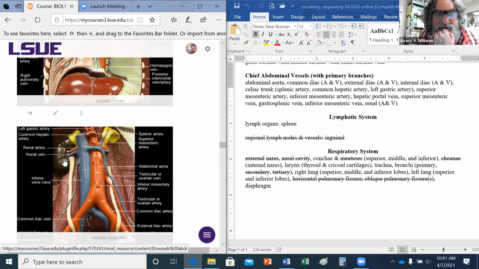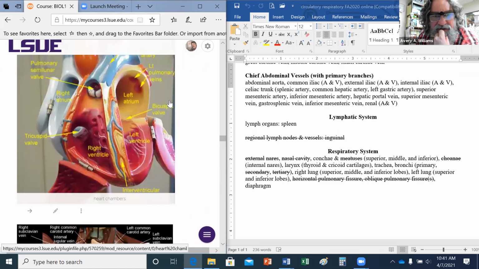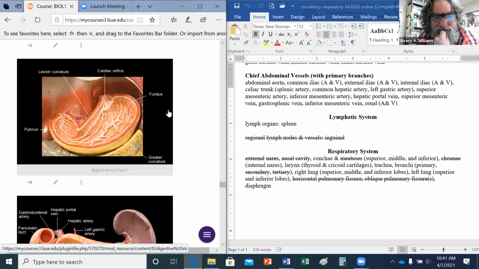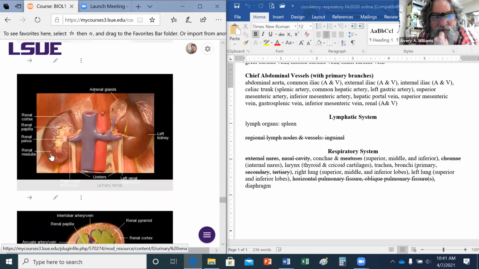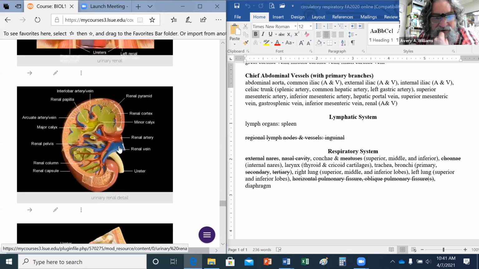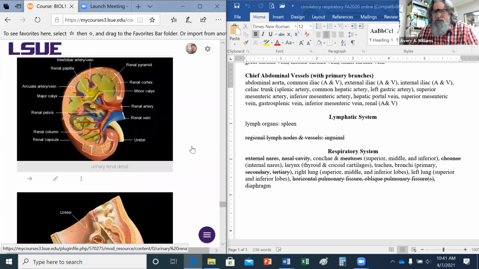Oh, you know where it is? It's way down here, back in the urinary. Yep, there we go. Right kidney, left kidney. Renal vein, renal artery, renal vein. You can barely see little branches of the renal artery right there. And then here's another model of the kidney, of course, artery, vein, like that.